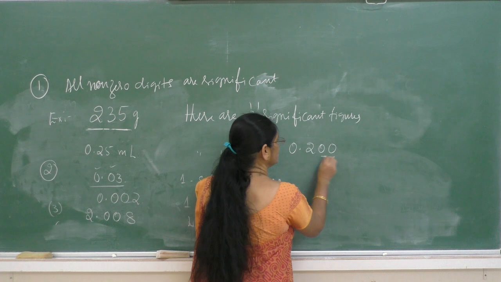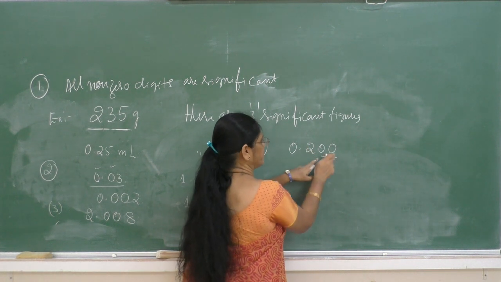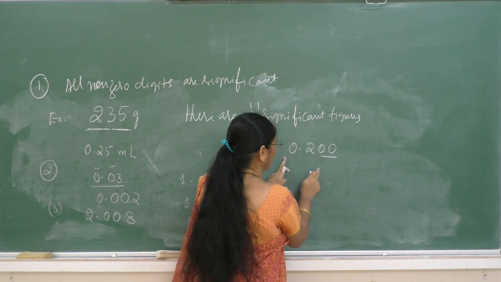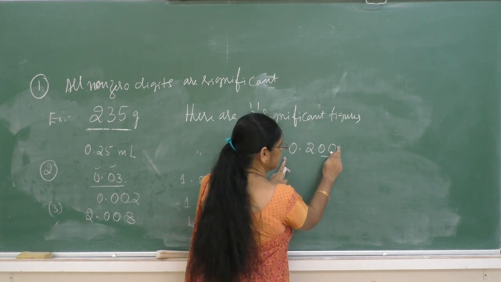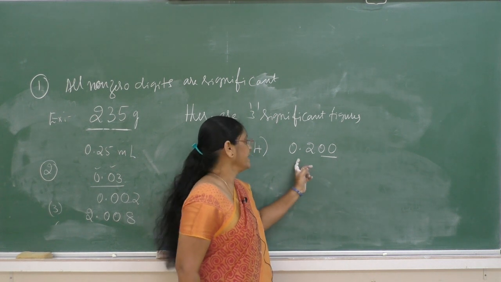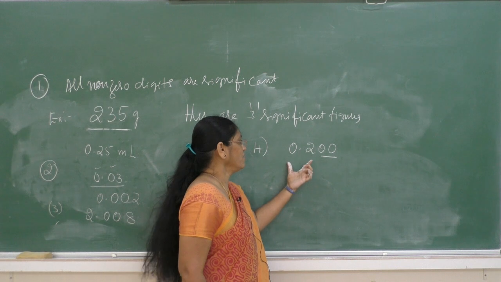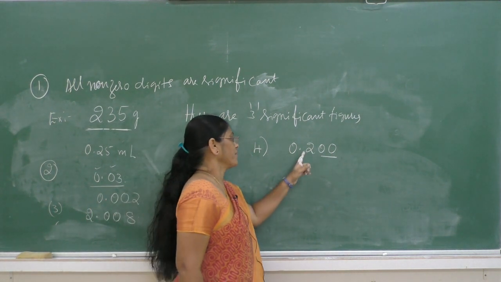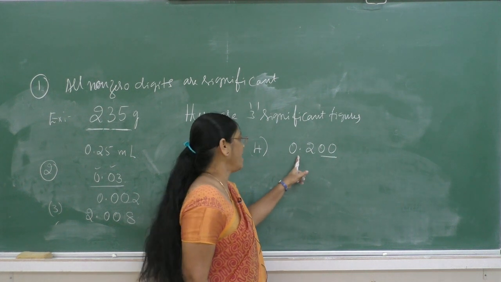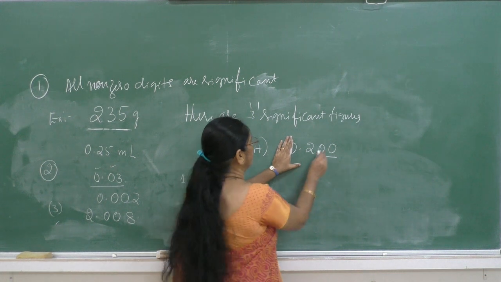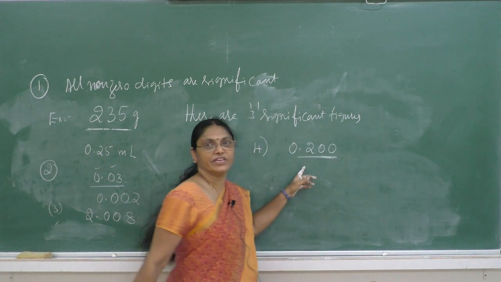These two zeros are present at the right side of this number, at the end of the number. Therefore, these two zeros are all significant, provided they have a decimal point.